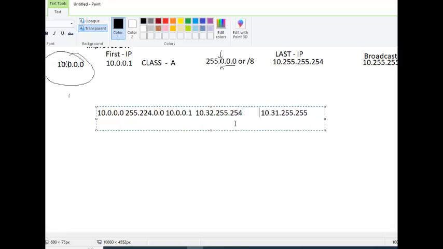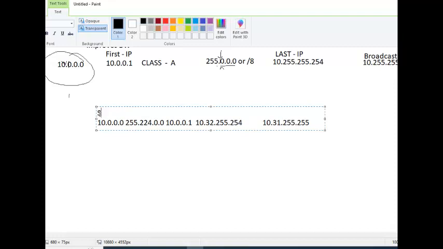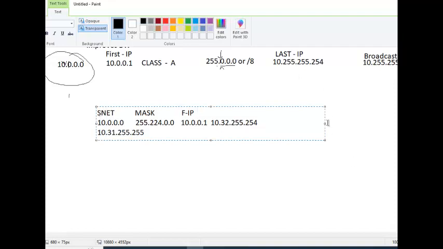So we can see here the subnet mask is different, and then the first IP, and then the last IP, and then the broadcast IP.